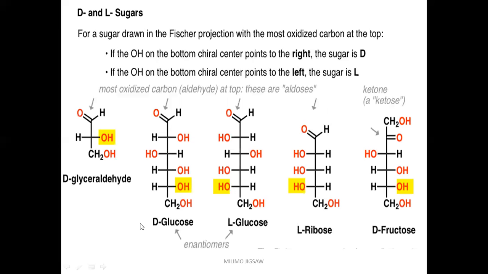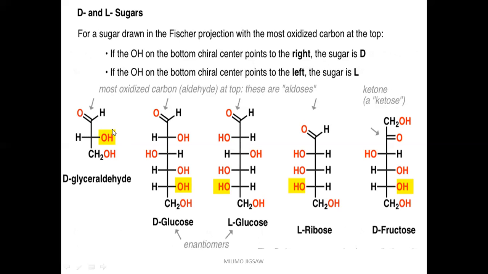By convention, it was decided that D-glyceraldehyde is a reference molecule for the designation of either dextro or levo rotatory, whether a sugar is a D sugar or an L sugar.